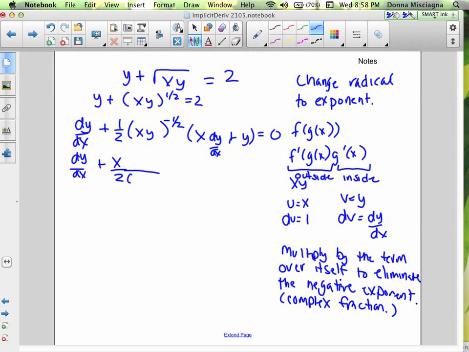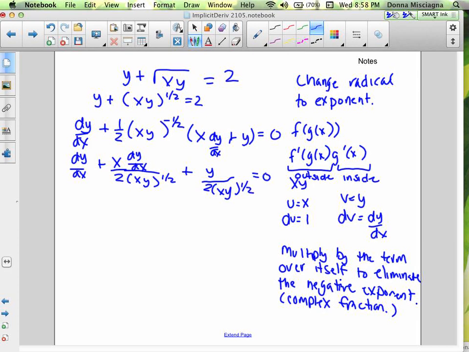I'll still leave it as an exponent. So that'd be xy to the 1/2, with x dy/dx in the numerator. I just multiplied that term times x dy/dx, and I got to multiply that term times the y. So that would be y, and the 2 and the xy to the 1/2 is in the denominator.